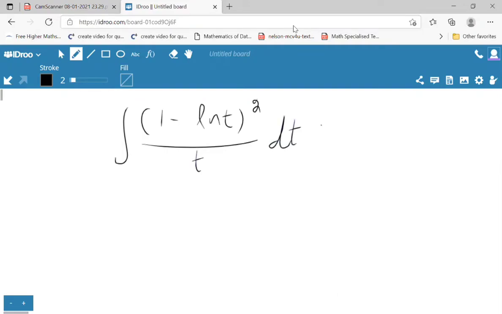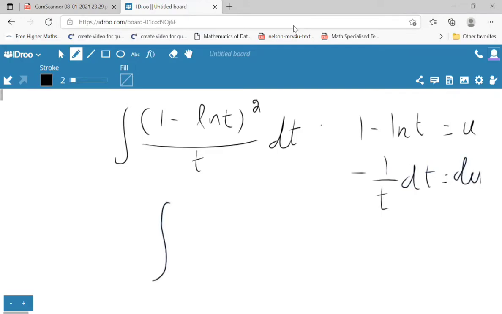Here, let me take 1 minus ln t as u. So when I differentiate on both sides, I'll get minus 1 by t dt is equal to du. So now this becomes integration of u squared du.